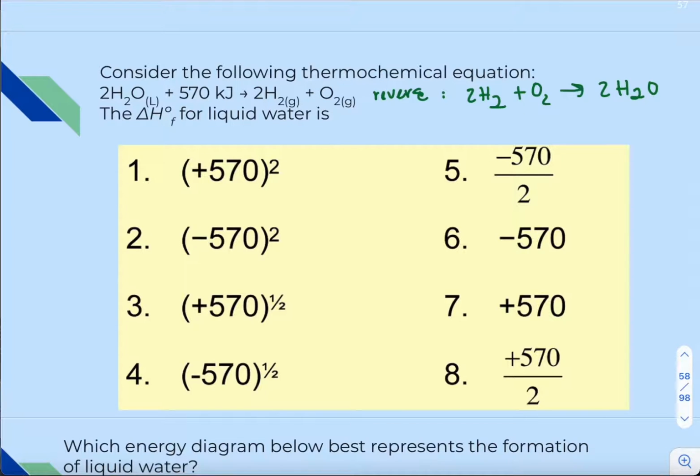So that would give us negative 570, because we'll just put this 570 on the other side, okay? However, don't forget that delta H of formations are always for 1 mole. So the delta H of formation is going to need to be divided by that. And so it's going to be this one right here.